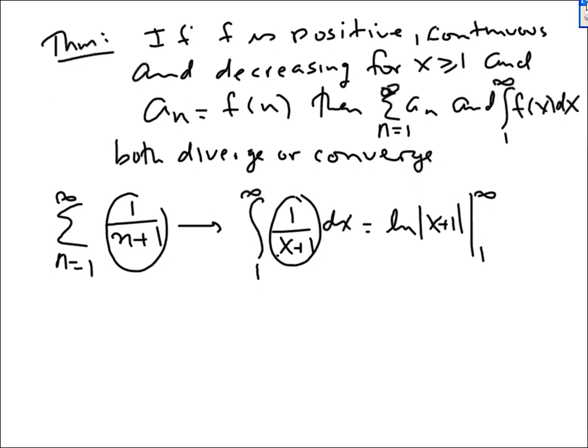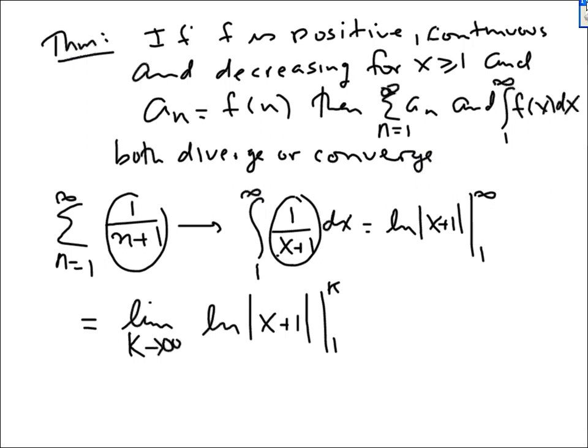But if you want full credit on your exam or homework, you really can't plug in infinity. So you have to take the limit as k goes to infinity of ln of the absolute value of x plus 1 from 1 to k. Now, this is a very advanced step.